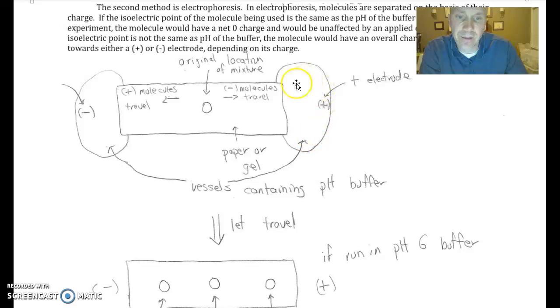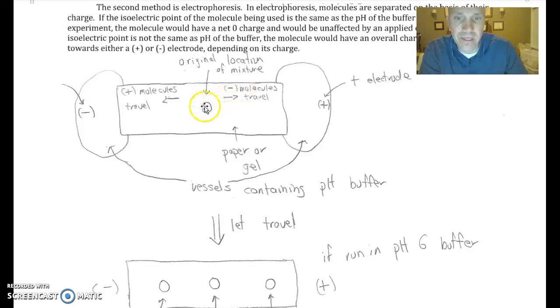This is a top-down look at paper electrophoresis. Here we have a beaker containing a buffer, and here another buffer with a negative electrode stuck in it, and this one has a positive electrode stuck in it. This is a strip of paper spanning that gap. You put your original spot or mixture, for example amino acids dissolved in water, onto the paper right there.